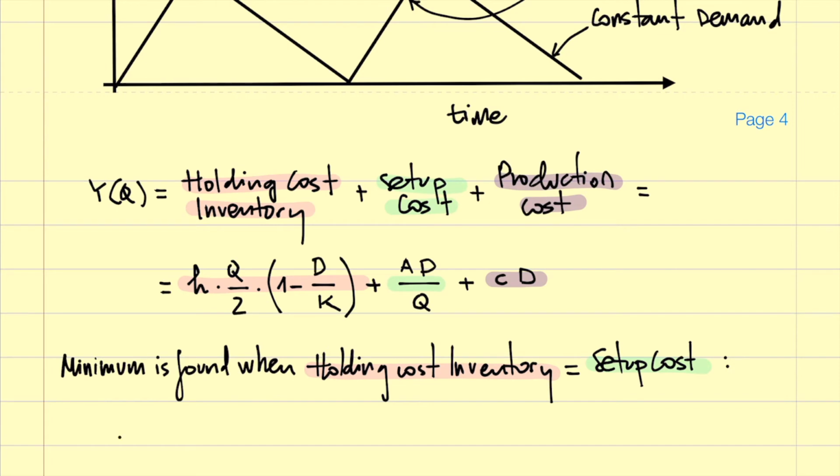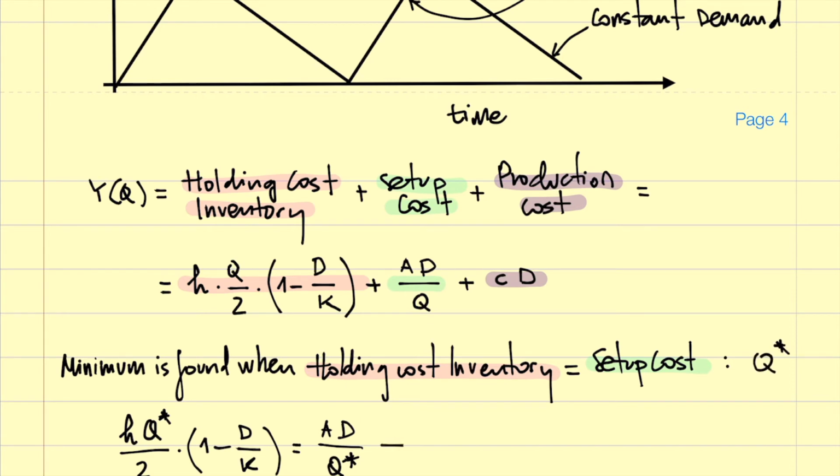So we have that H times Q star divided by 2 times (1 minus D divided by K) equals AD divided by Q star, which is the minimum. We want the EOQ.